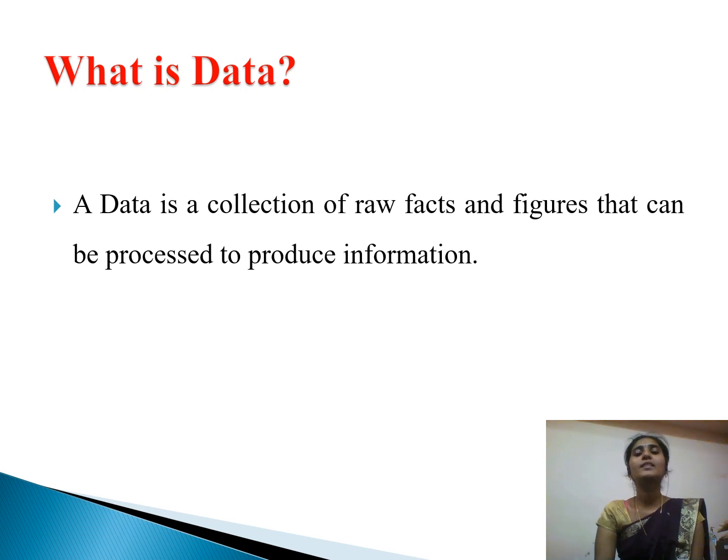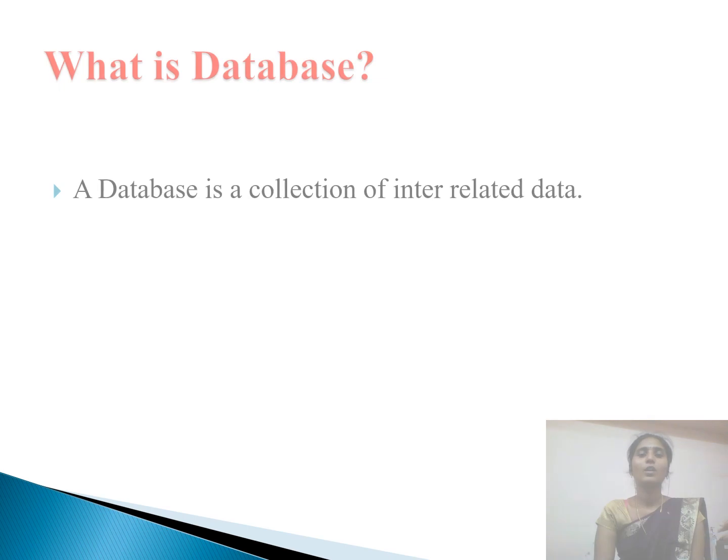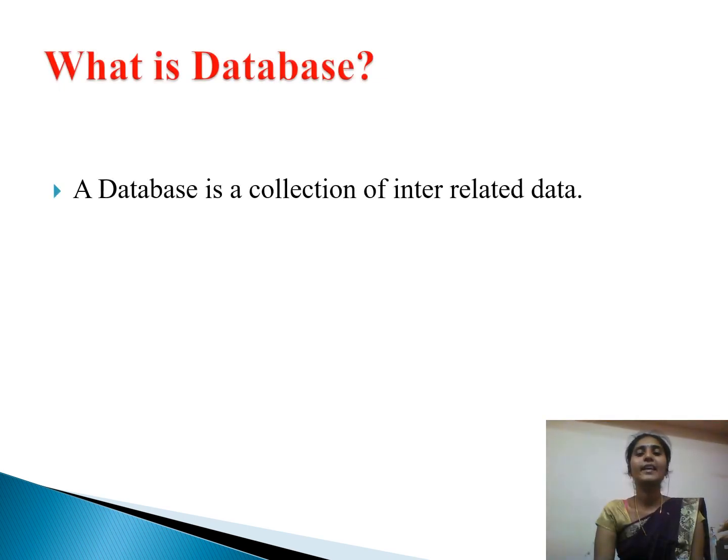So first, what is data? A data is a collection of raw facts and figures that can be processed to produce information. What is database? A database is a collection of interrelated data.